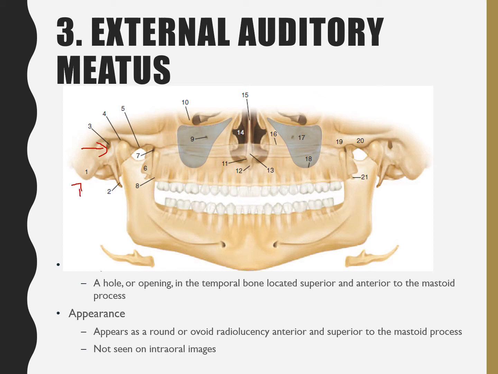It appears as a round or ovoid radiolucency anterior and superior to the mastoid process, and it is not seen on intraoral radiographs. This is the tiny hole where your ear actually funnels sound through so that it gets in towards your brain, right? So this is the ear canal or the external auditory, meaning sound, meatus, meaning hole.